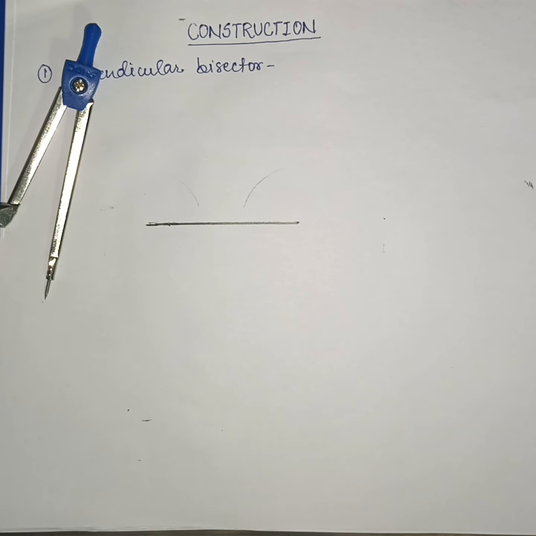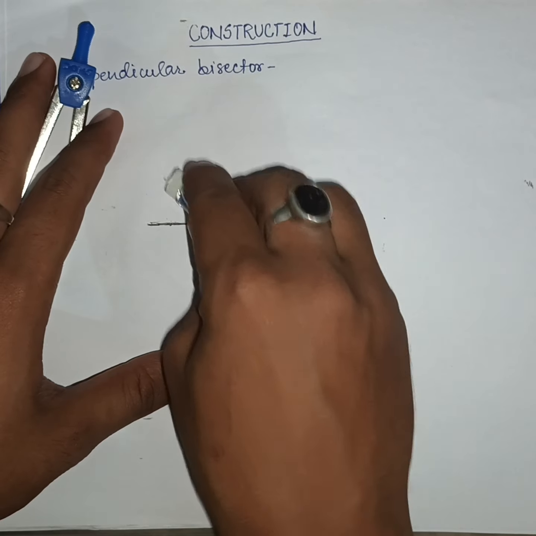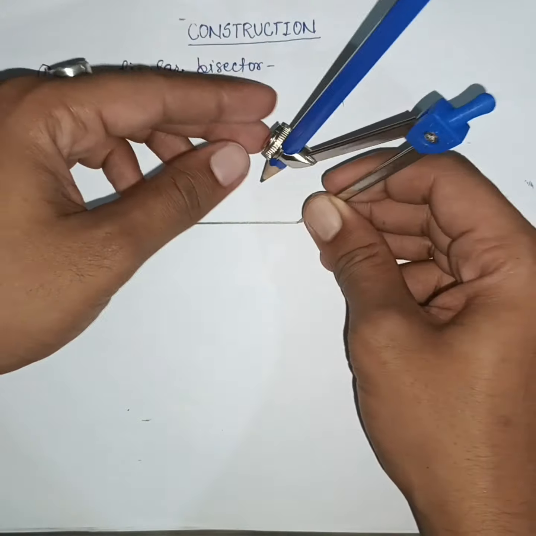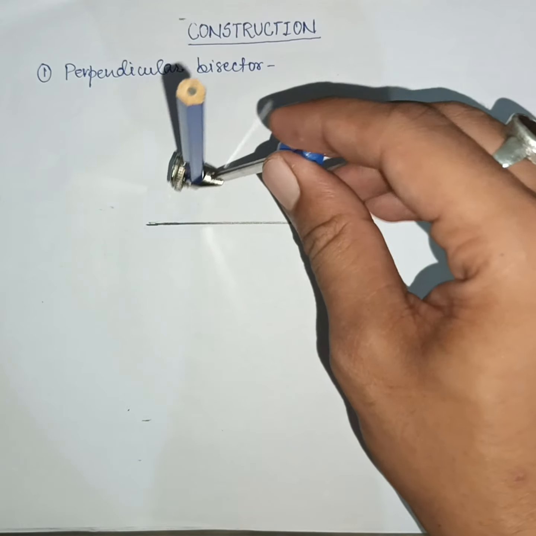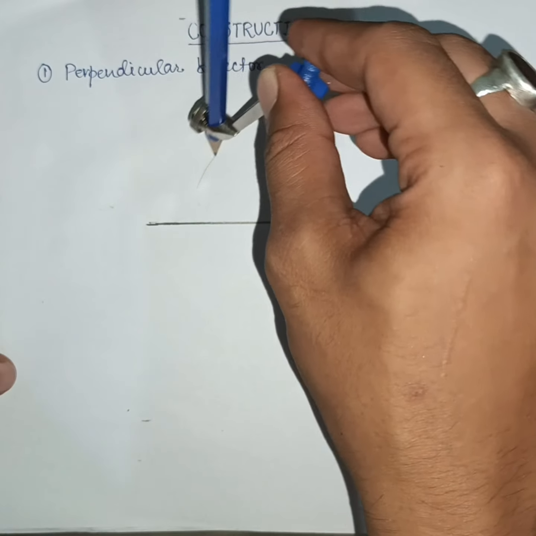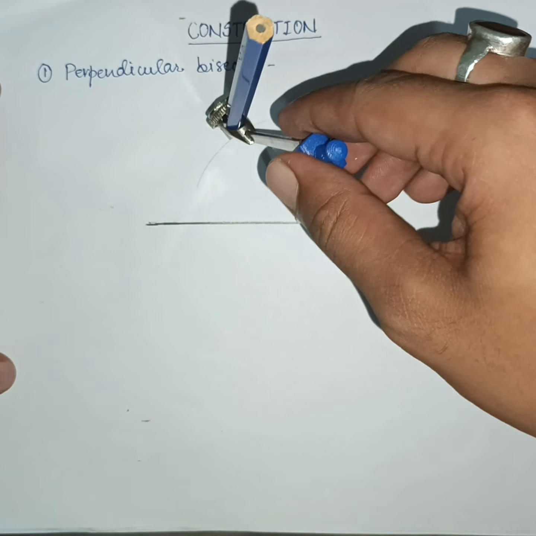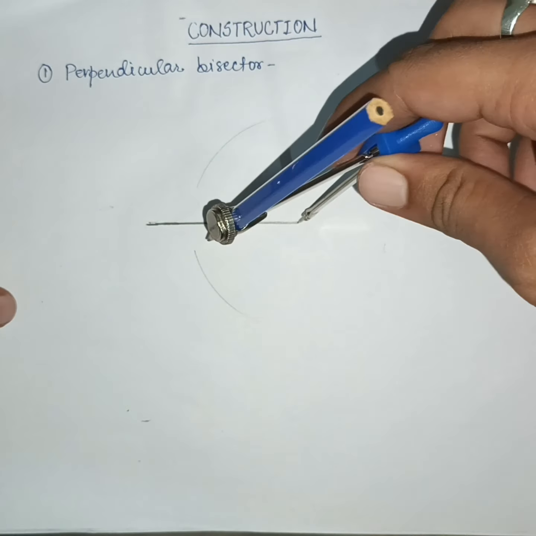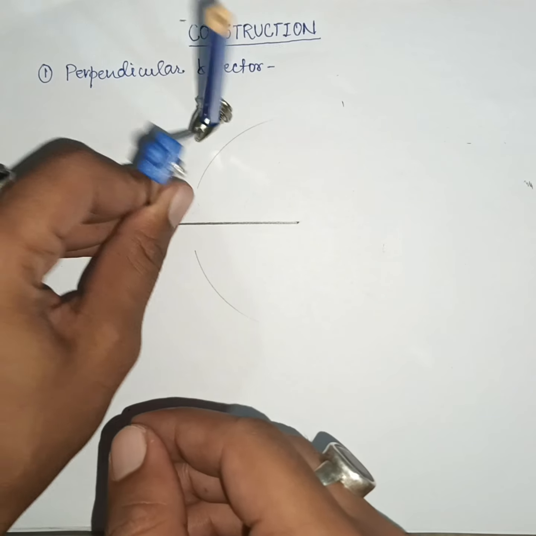So students, what we do is stretch the compass in such a way that it goes more than half of the line segment. From here, if we make one arc on the upper side of the line segment and one in the lower section of the line segment, we will be able to get the intersecting point.